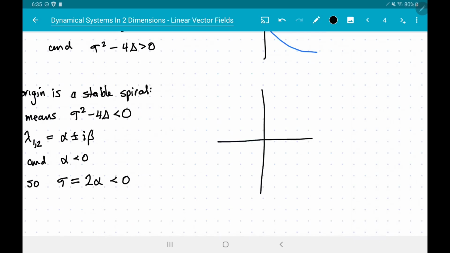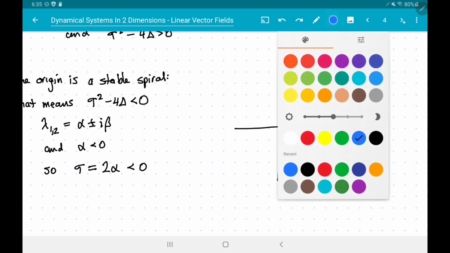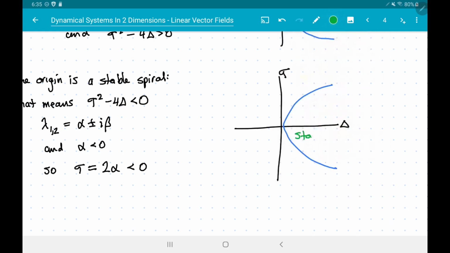Okay, so let me come back here and draw my delta tau plane and put in the discriminant 0 line. We are now going to be in here somewhere, and the trace is less than 0. So that means that there are stable spirals here.